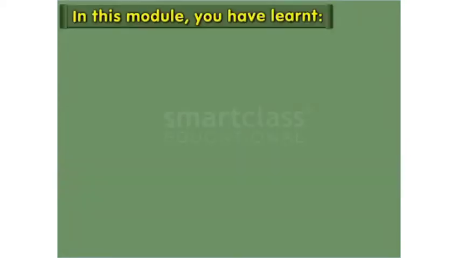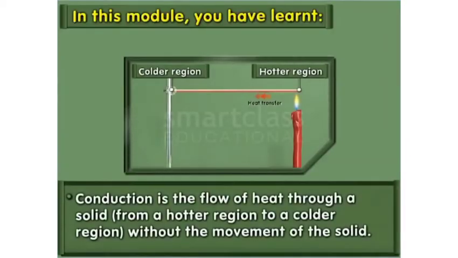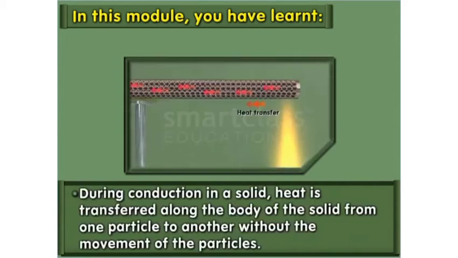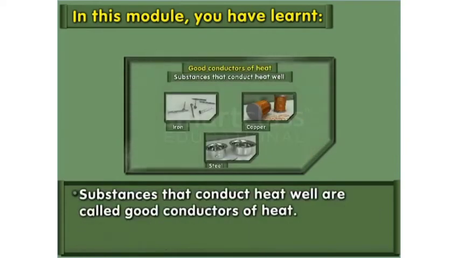In this module, you have learned conduction is the flow of heat through a solid from a hotter region to a colder region without the movement of the solid. During conduction in a solid, heat is transferred along the body of the solid from one particle to another without the movement of the particles.